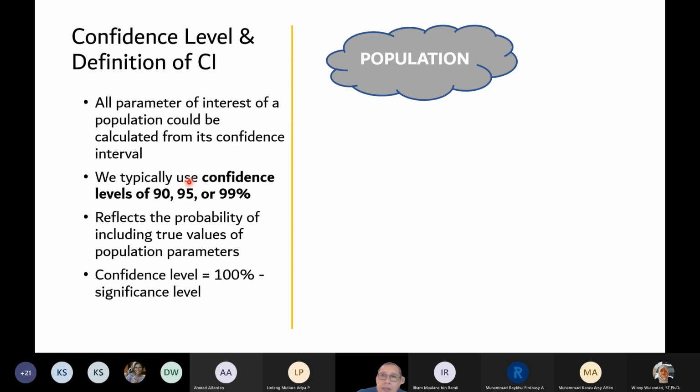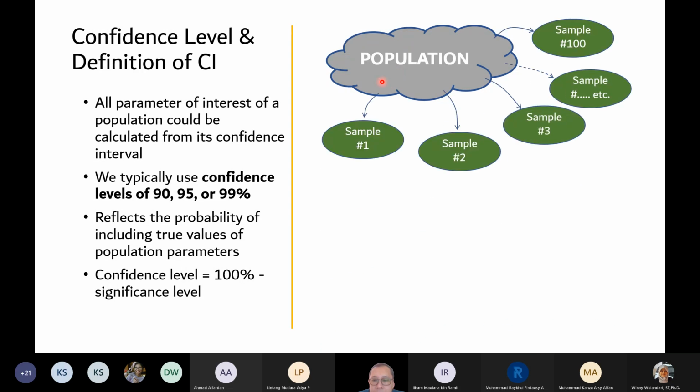Okay, so let's look at this visual example on the right hand side. We have here a population with any shape of distribution. From that population we take a large number of samples. Let's say that we take 100 samples.